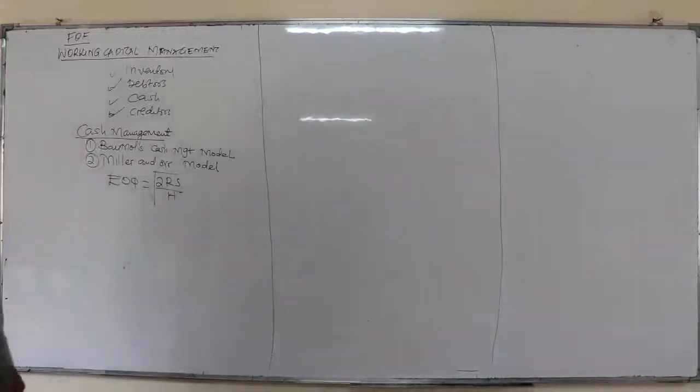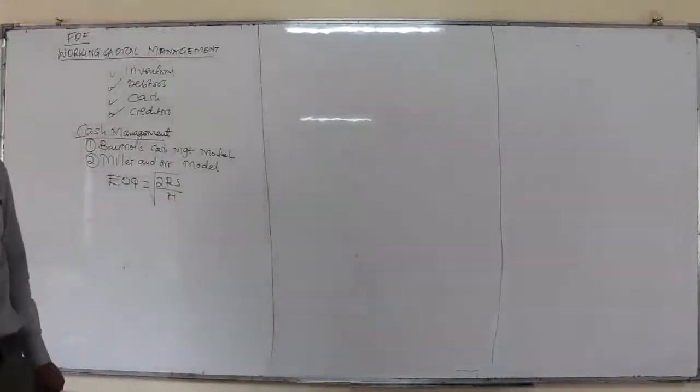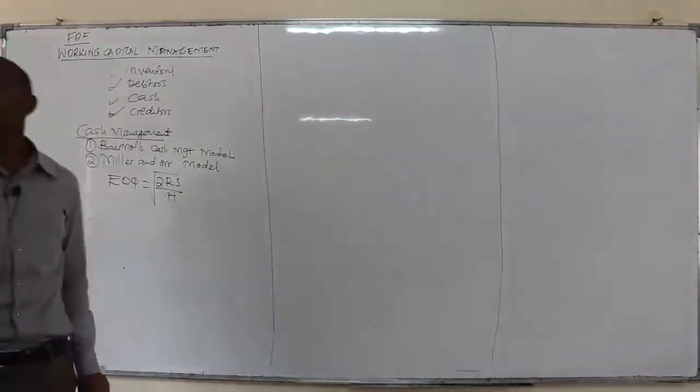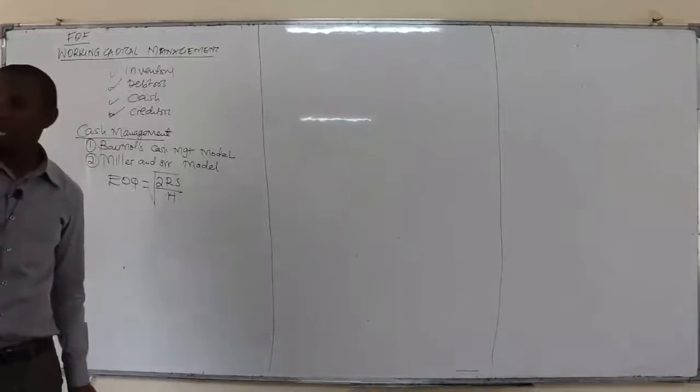In this case, we are trying to manage the cash. When we talk of the management of cash, you have to come up with what we call the optimal cash balance.